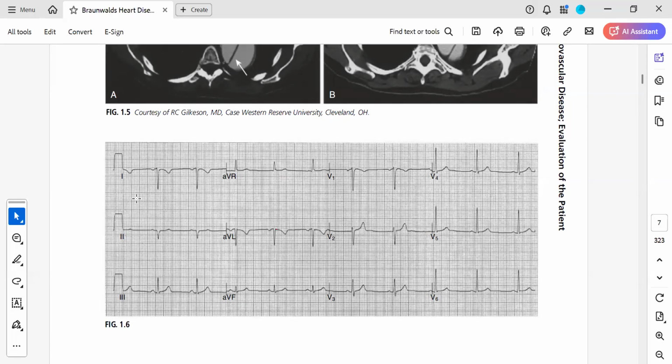So we would expect that there would be poor R wave progression.